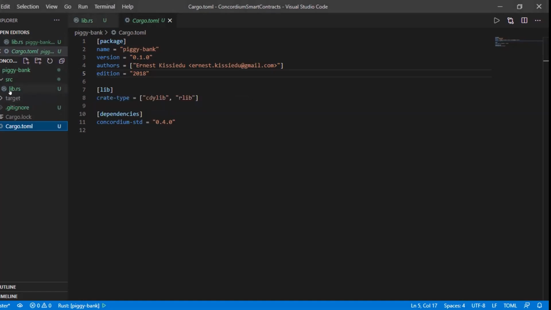You can either have a main.rs or a lib.rs. That is your entry point for the compiler. That's the root of your package. That's what it's called, the root of your package. Going back into the code now.